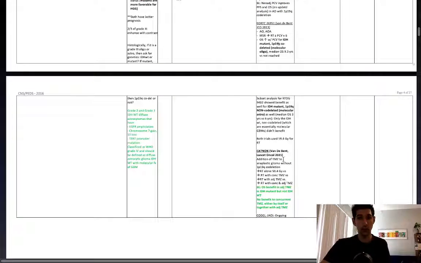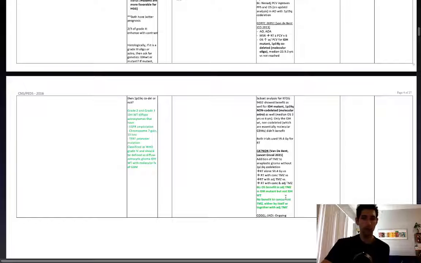CATNON trial is also Van den Bent. This was published recently in 2021. This is looking at the addition of Temodar to anaplastic gliomas without 1p19q co-deletion. So anything that's an anaplastic glioma that's not an oligodendroglioma molecularly. Again, CATNON study, kind of extrapolating from Stupp here. So we're getting radiation alone, 59.4, versus radiation with concurrent Temodar, versus radiation with adjuvant Temodar, versus radiation with concurrent and adjuvant Temodar.